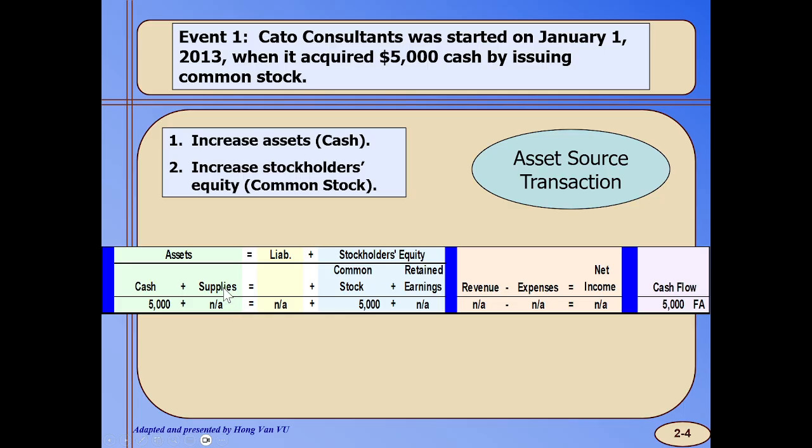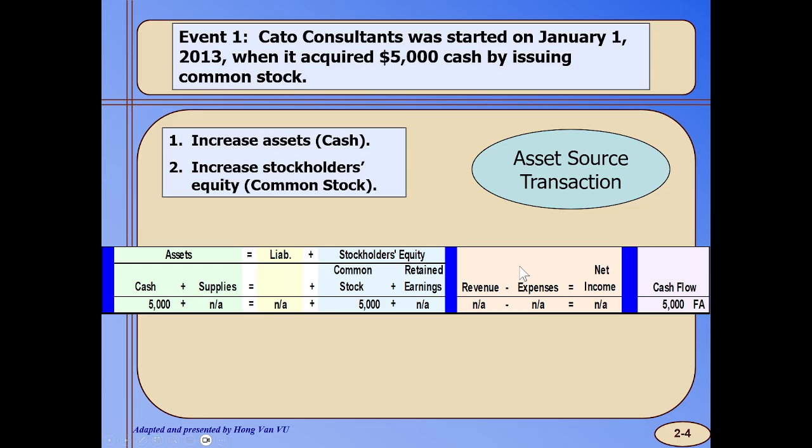On the model, we have a balance sheet: assets equal liabilities plus stockholders' equity. Stockholders' equity is divided into common stock and retained earnings. This transaction increases the cash account by 5,000 and the common stock by 5,000, and it is considered an asset source transaction.